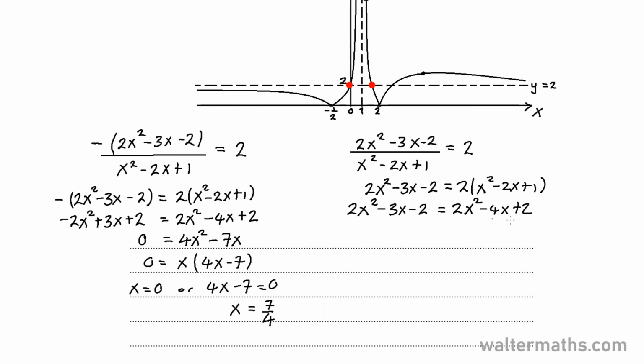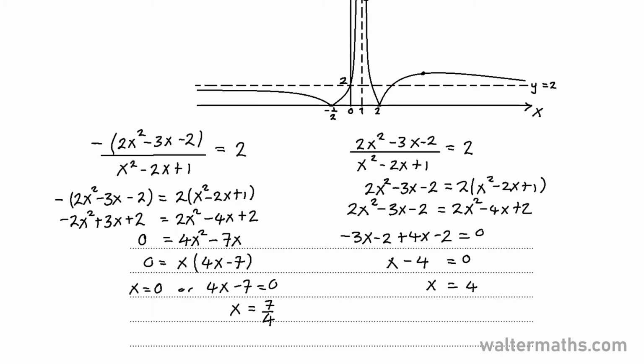Then if we take what's on the right side to the left side, we'll be having minus 3x minus 2 plus 4x minus 2 equal to 0. Now minus 3x plus 4x is x. Then minus 2 minus 2 is minus 4, and that's equal to 0. So x is equal to 4. So it means for this point here, x is equal to 4.